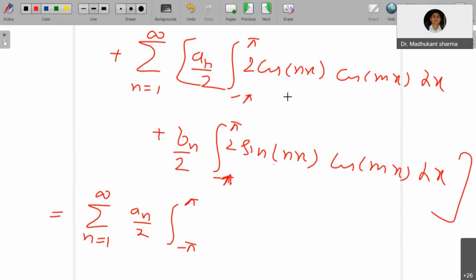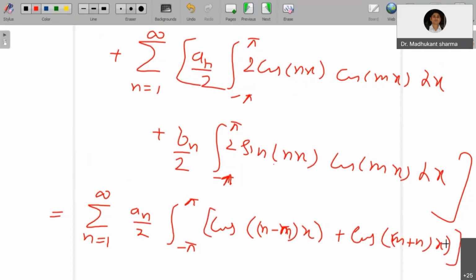Now 2 cos A cos B is cos of A minus B, plus cos of A plus B. So cos of n minus m x, plus cos of m plus n x dx.